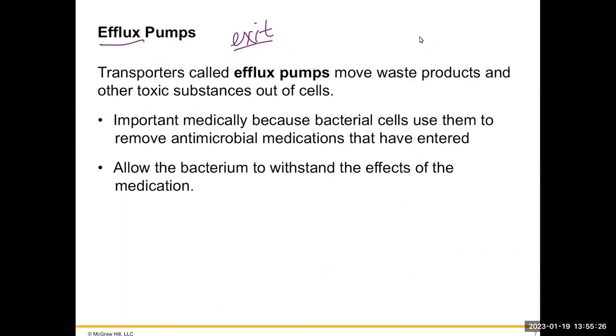Okay, so some bacteria have efflux pumps that get rid of the antibiotics that somebody's taking. So they pump it out and then they might be able to survive. Okay, so this is maybe a form of antibiotic resistance, or why one antibiotic will work against one bacterium and not another one. Okay, so these efflux pumps, so basically it's cell transport.